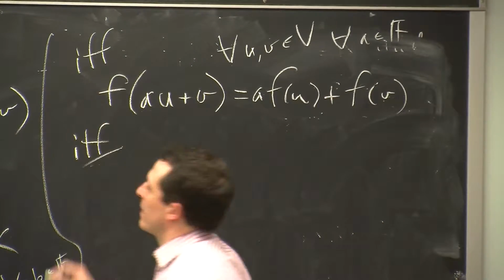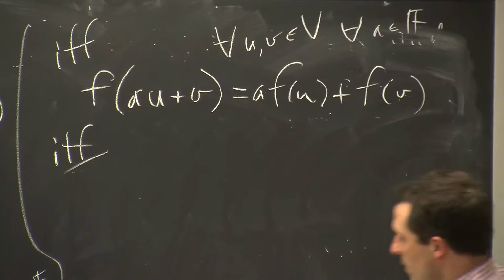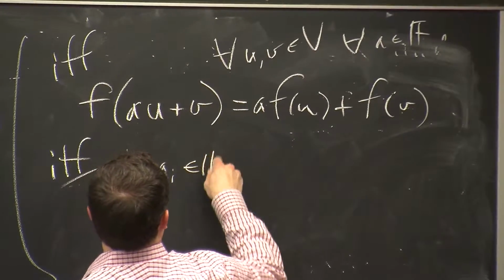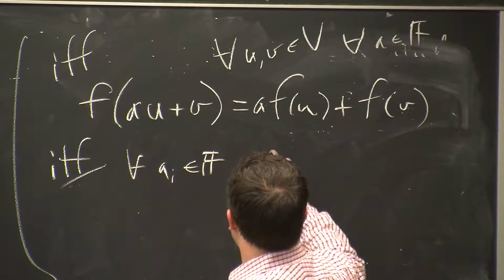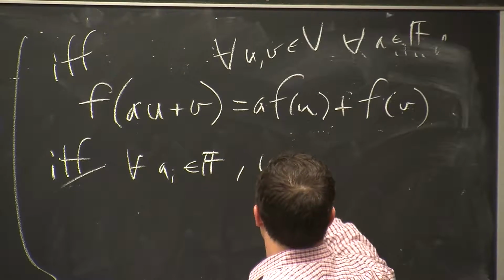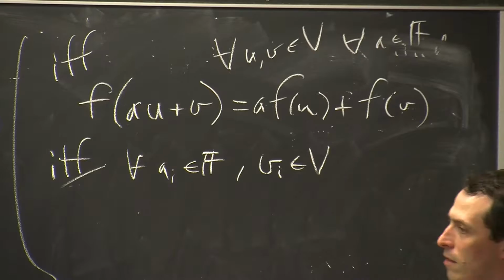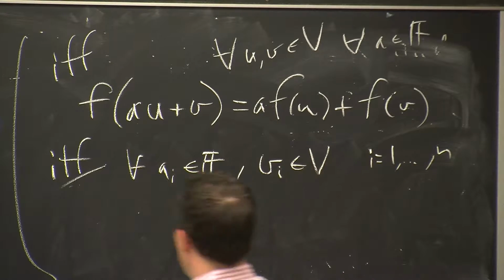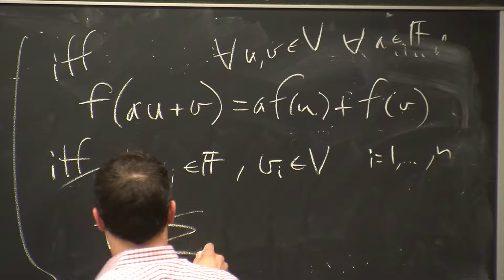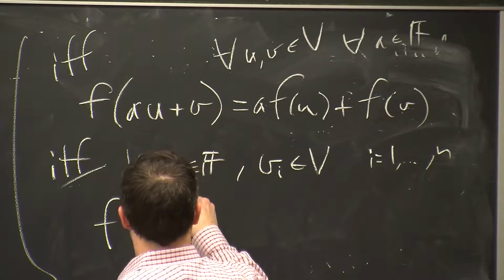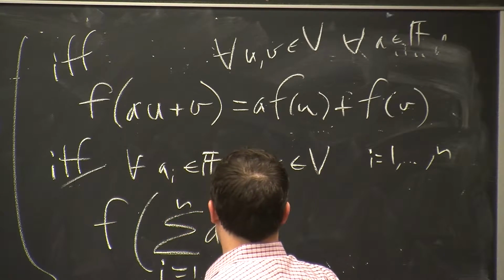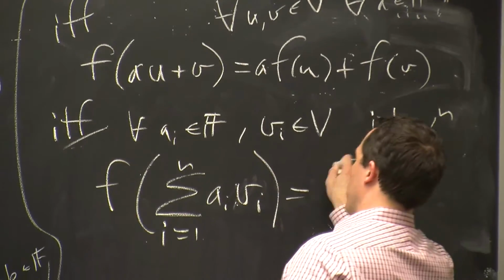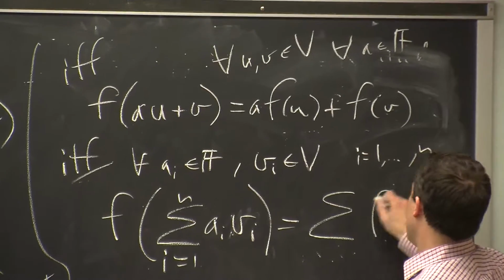And I can go in the other direction to make it more complicated and say something like, for all a_i in the field, v_i in the vector space, a collection of these things, i equals 1 up to n, and require that f of any finite sum from i equals 1 up to n of a_i v_i, I can push f through the sum.